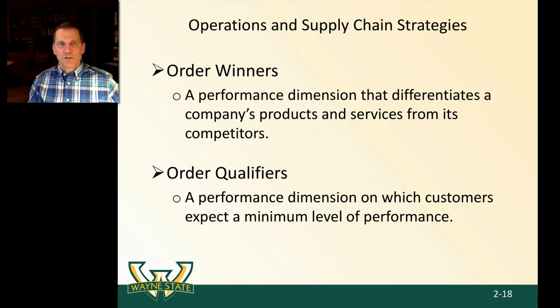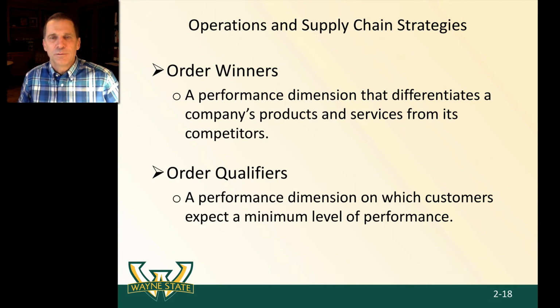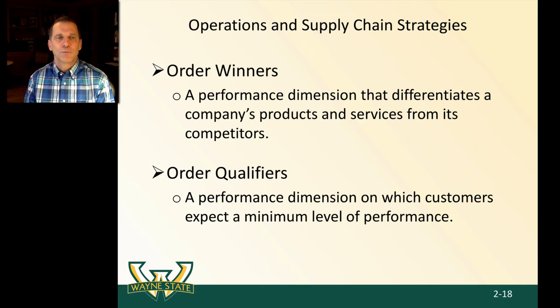And we all know as consumers there are certain things that we say, you know what, I really love some attribute about a product, or a number of attributes, and that's why I bought that product. Those are order winners. Order qualifiers would be a minimum level of performance that allows us to consider that product at all. If companies don't meet the order qualifier level, it means we would not consider working with them.